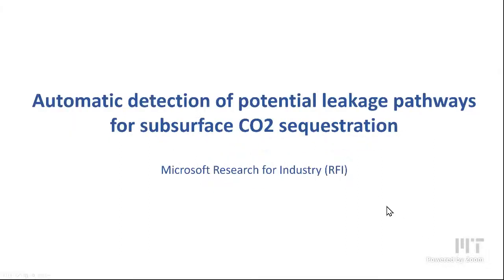Thank you, and welcome to the presentation on automatic detection of potential leakage pathways for subsurface CO2 sequestration. The potential leakage pathways here refer to geological faults that can be weak zones leading to potential CO2 leakage from the subsurface storage site.